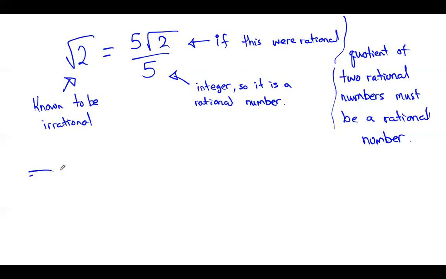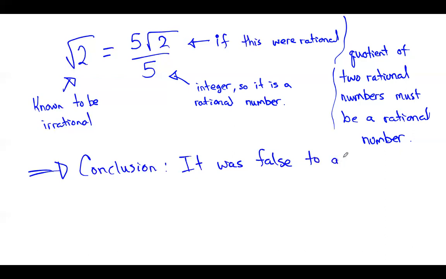So therefore, this is a contradiction. This is proof by contradiction. So the conclusion is that it was false to assume that 5 times the square root of 2 is rational.